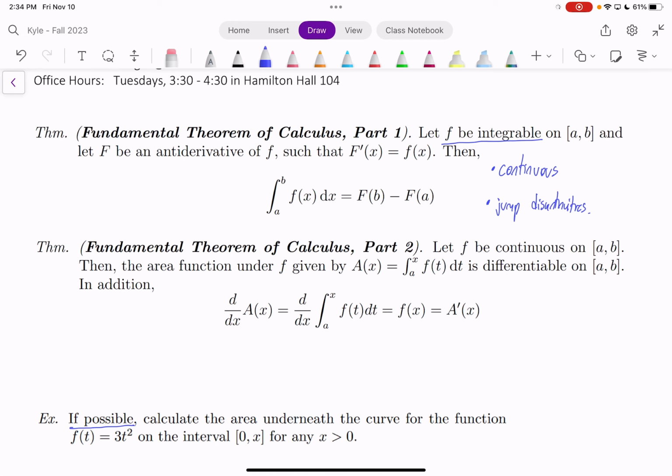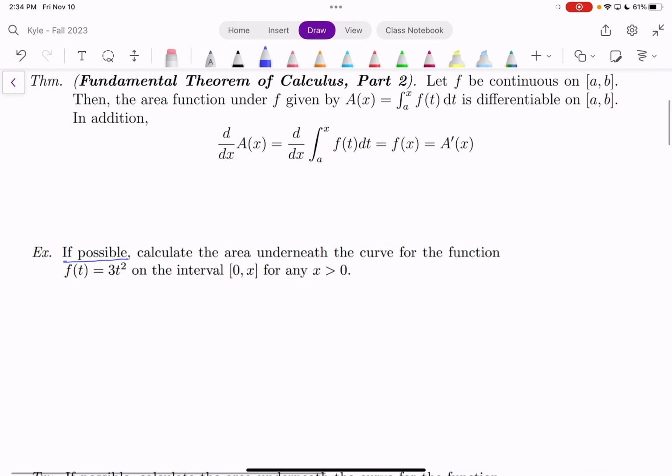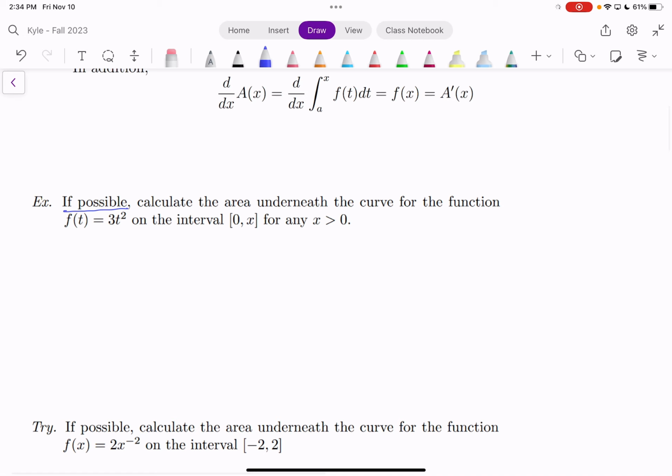So let's try and use this here. This example says we'll calculate the area underneath the curve for the function f of t is 3t squared. So our goal is to find the integral from 0 to x of f of t dt. That's going to be nothing but the integral from 0 to x of 3t squared dt. Now let's remember at the end of last class we did the same example but with a huge Riemann sum.